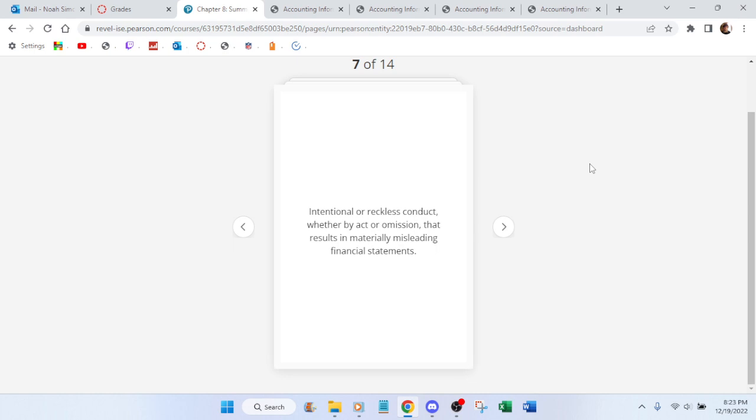Intentional or reckless conduct, whether by act or omission, that results in materially misleading financial statements.